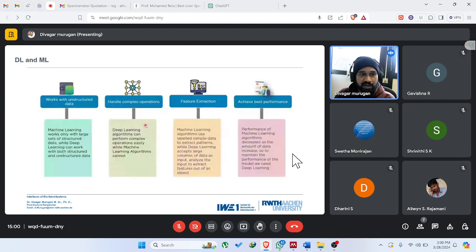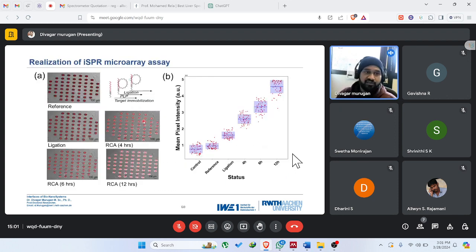To go deeper into the difference between machine learning and deep learning: in the case of machine learning, you always record structured data. For example, for the images that I have shown here, for machine learning purposes I want all these images at a specific size.